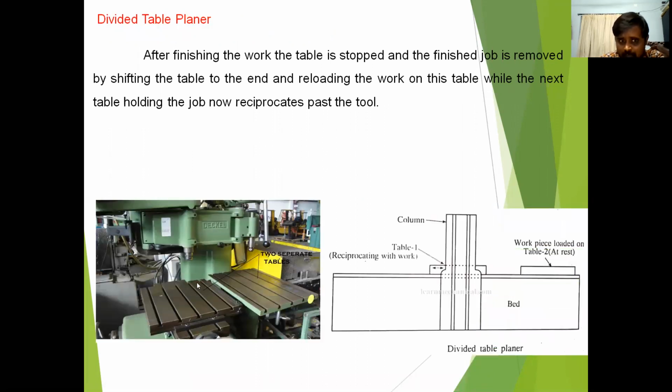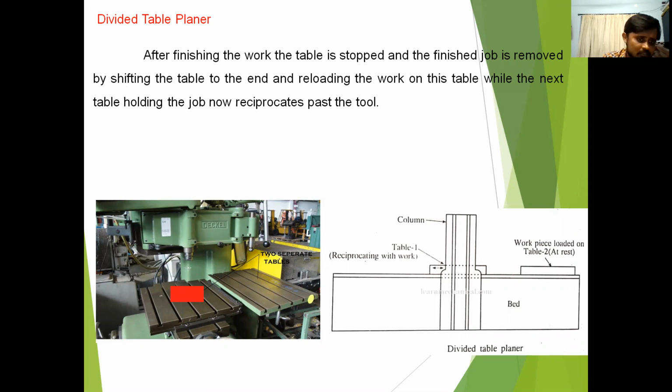For example, here we have two tables. Now we have two workpieces. Let's say this is a workpiece and this is another workpiece, and we are performing similar operations on these two workpieces. Let's assume that we have only one work table.